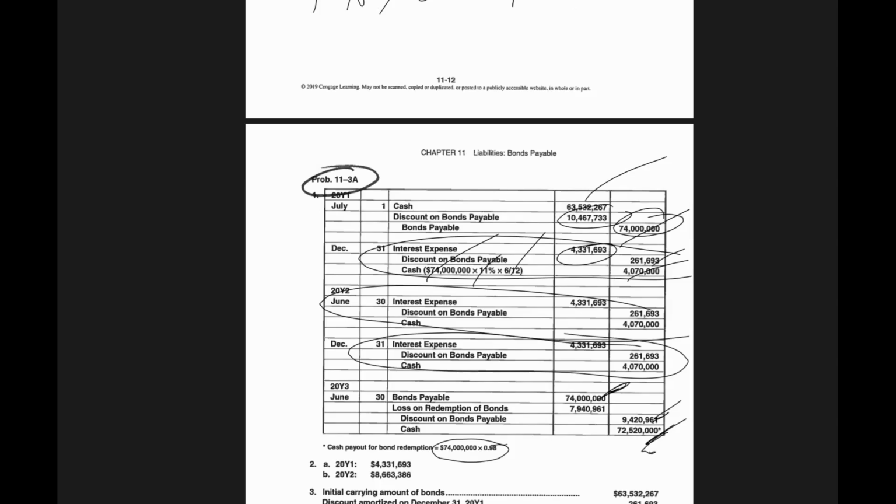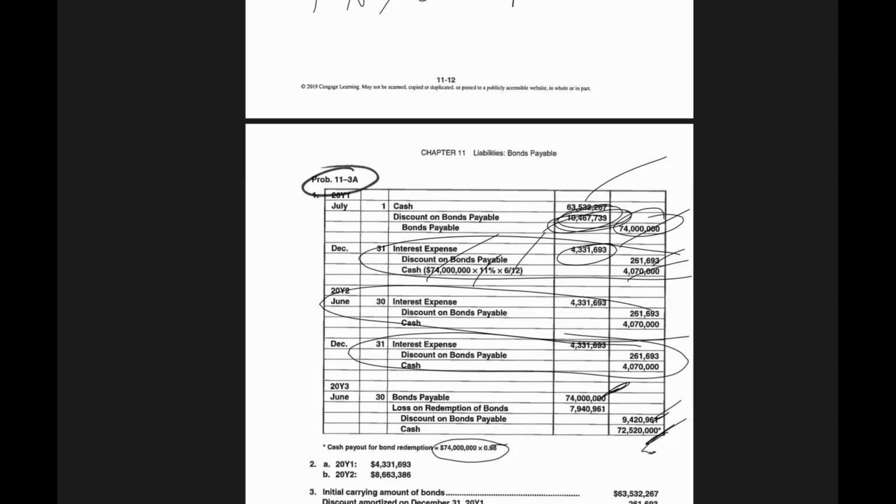Okay. Well, we started with 10,467,000. Since then, because this happened on fiscal year June 2003, we bought this on July 1st. So we would have December 31st, June 30th, December 31st, and then the June 30th as well.